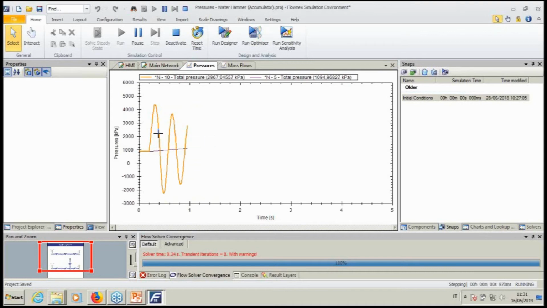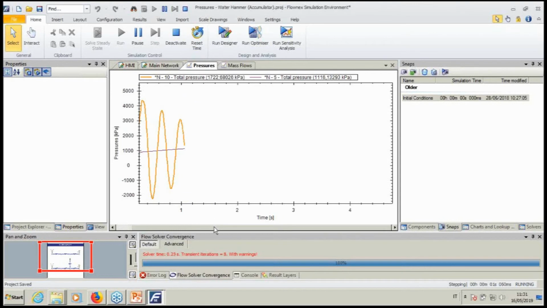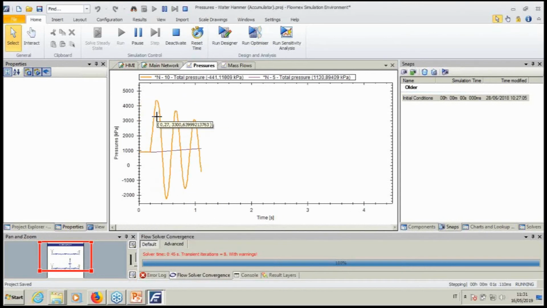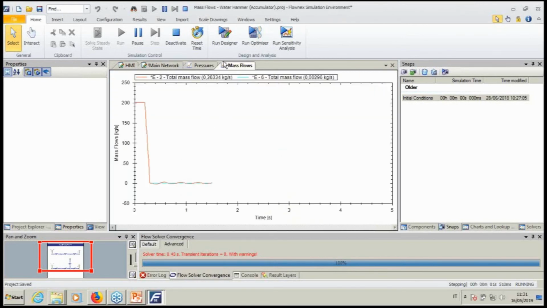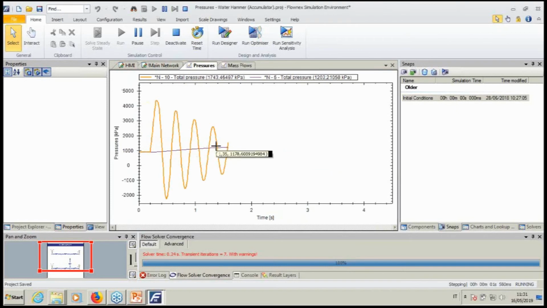So this yellow line is the pressure that is monitored in the pipeline, which is the first one, the pipeline without the accumulator, and the second one is the pipeline with the accumulator. So with different kinds of accumulator, you are able to control the pressure waves, so you have smooth pressure changes.